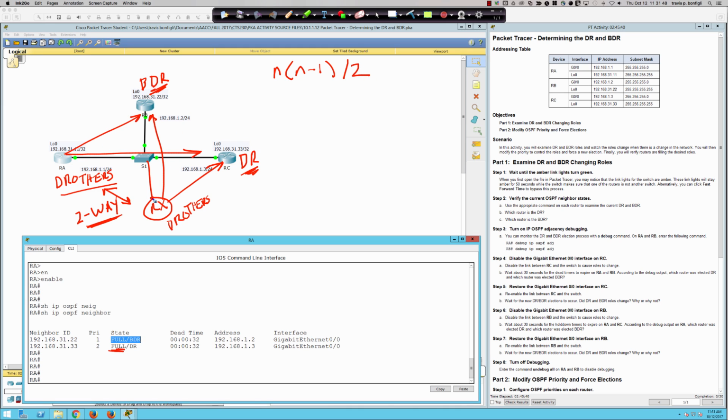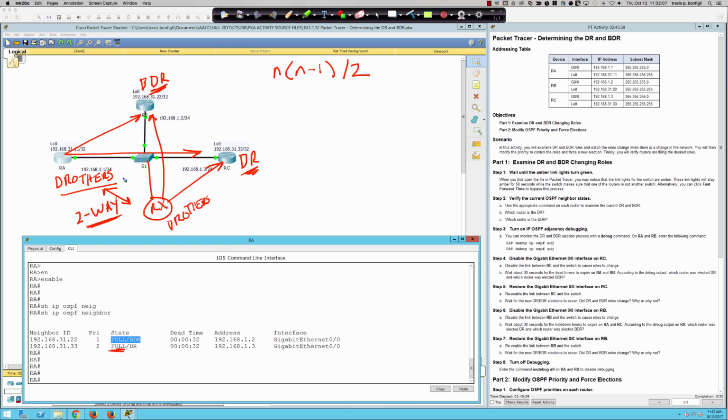And this is the entire reason behind OSPF, as well as the other link state routing protocol, which is IS-IS, which was developed by ISO, the International Standards Organization. And they are link state routing protocols.